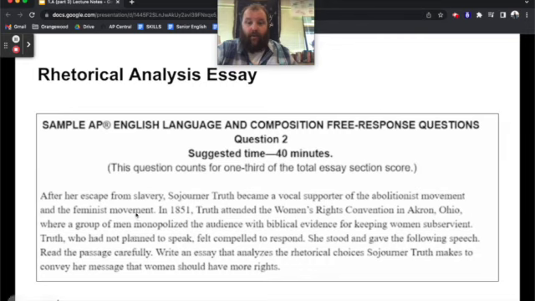So that's all background. Then it jumps in with the prompt wording here where it says, read the passage carefully. Write an essay that analyzes the rhetorical choices Sojourner Truth makes to convey her message that women should have more rights. Okay?